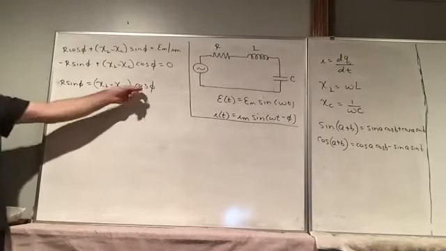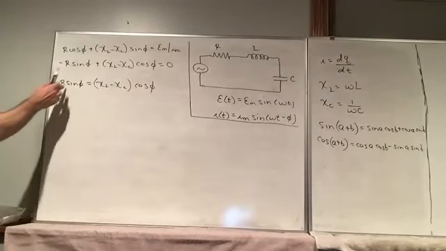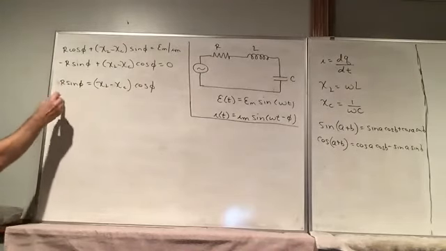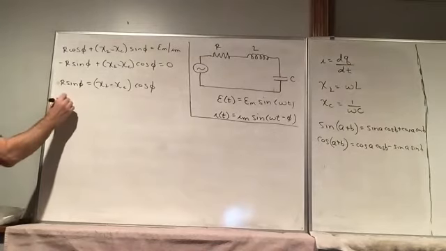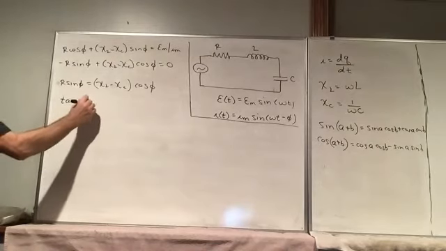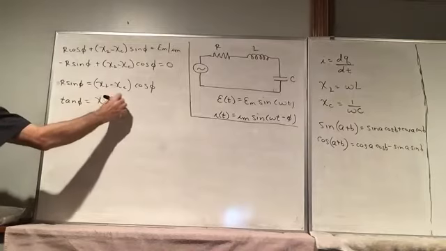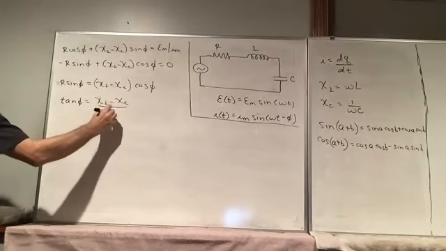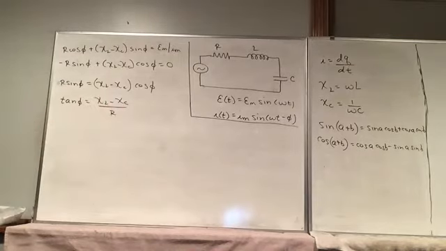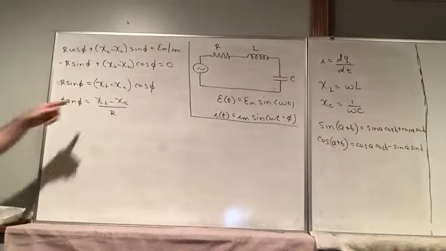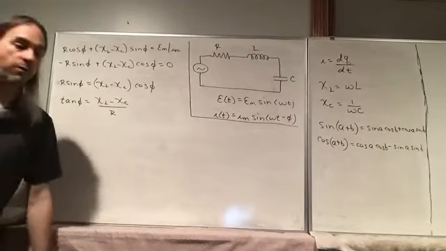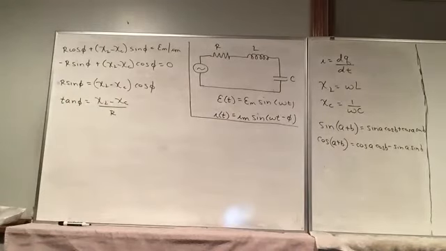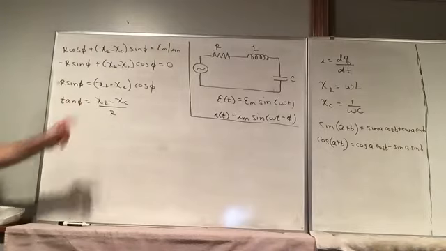And then if we divide by cosine of phi, sine over cosine is tangent. So tangent of phi, and then we divide by r. So tangent of phi is xi L minus xi C over r. Now, remember we talked about reactance?